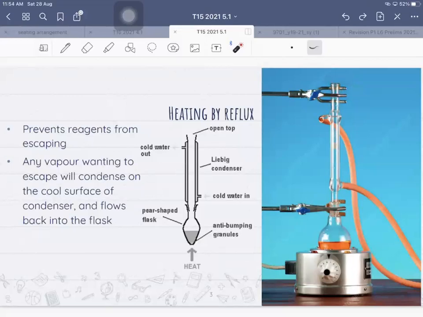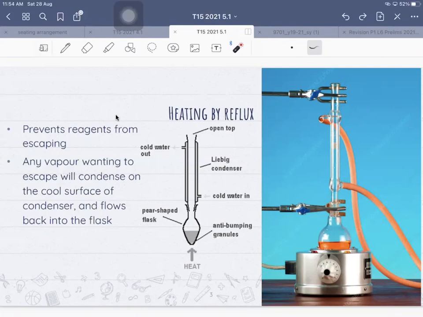Why do we need the setup? For your organic reactions, most of your organic molecules are volatile. Volatile means they turn into gas easily. For example, take a reaction between bromoethane and sodium hydroxide, where I form ethanol.